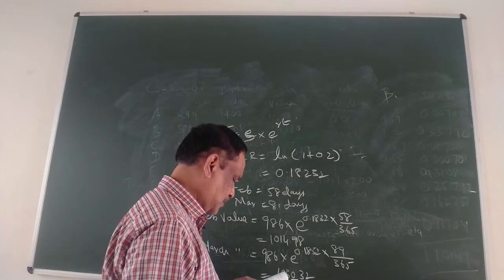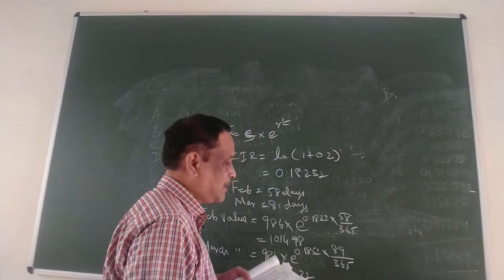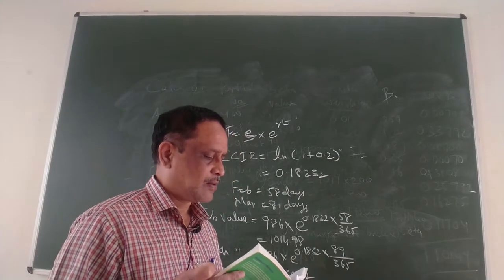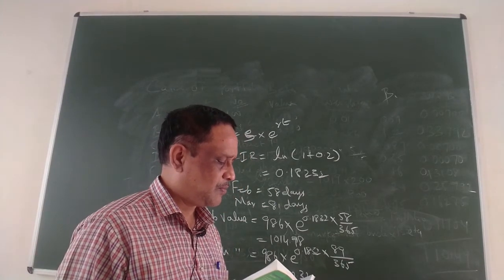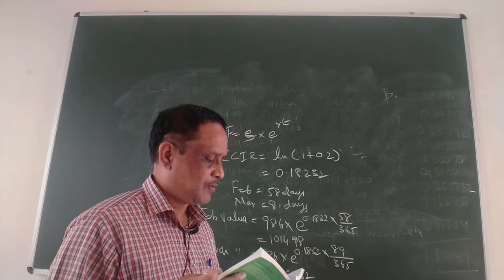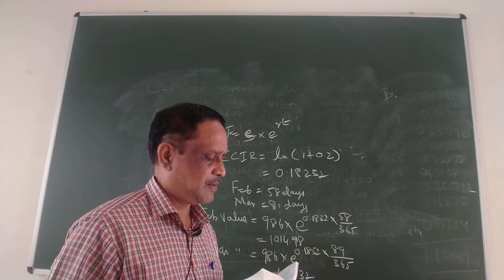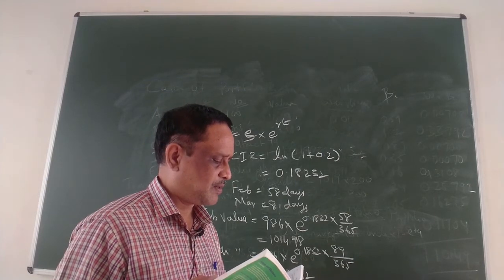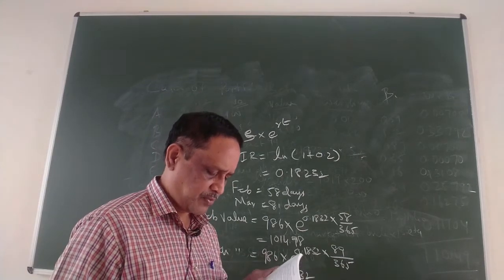Now, let us go to the D part of the problem. In the D part, the question is to calculate the number of Nifty futures that should be sold to hedge. They have given 3 conditions. One is total portfolio, 90% of the portfolio, and 120% of the portfolio.